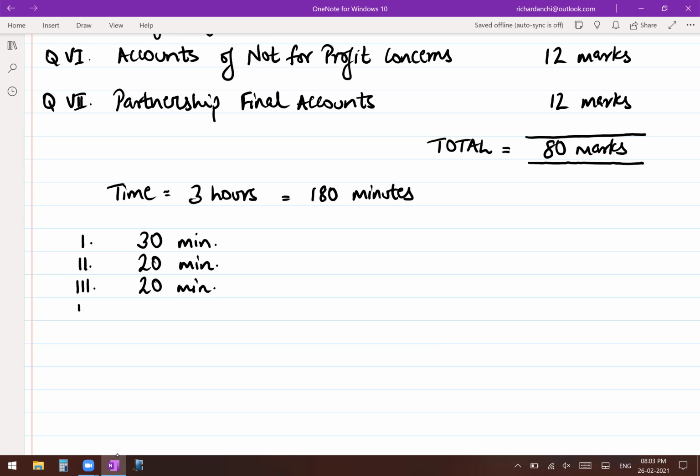The fourth question is issue of shares, so you need 20, or some may need 15, so it depends. The fifth question also, because this is an 8-mark question, again 20 minutes or 15 minutes. Sixth and seventh questions, both are 12 marks, so it will take 25 minutes each.